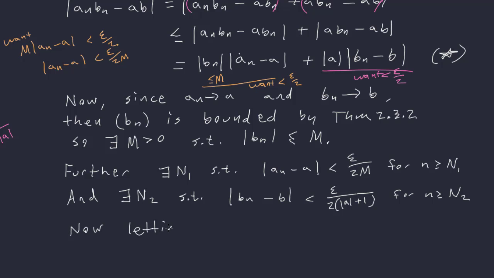All right, now letting capital N be the maximum of N1 and N2. So this is exactly like we did last time.